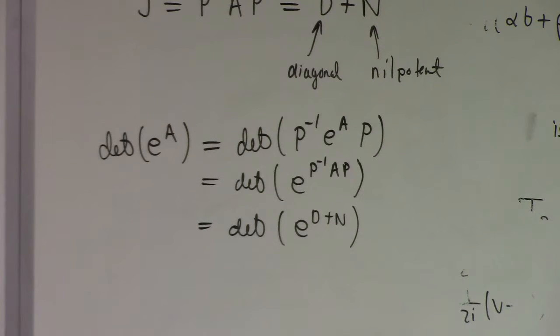Do the diagonal and nilpotent parts of the Jordan decomposition commute? They do. That was part of the theorem.